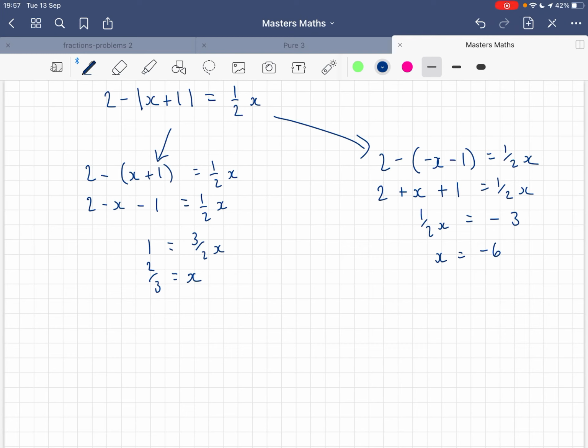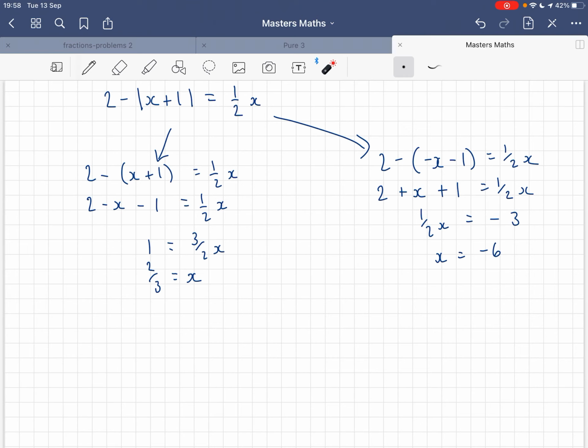I'm not going to do it right now, but please remember to check that these values are actually valid for the equation you've got. Substitute them back into your equation and double check that the left-hand side is equal to the right-hand side, because occasionally, not always, your solutions aren't actually valid because your graph might only intersect once instead of twice.